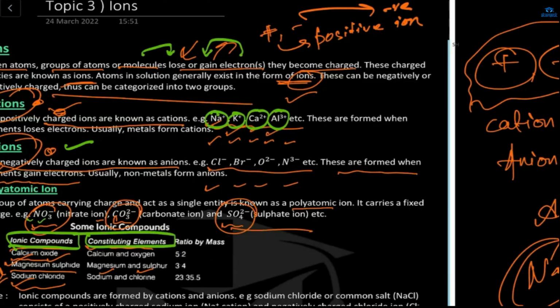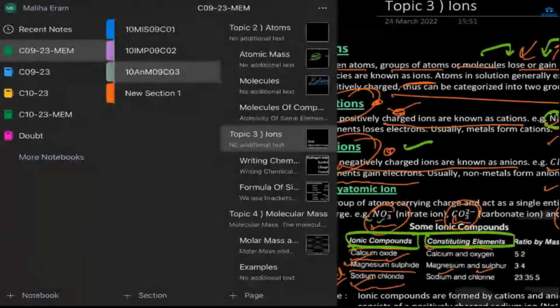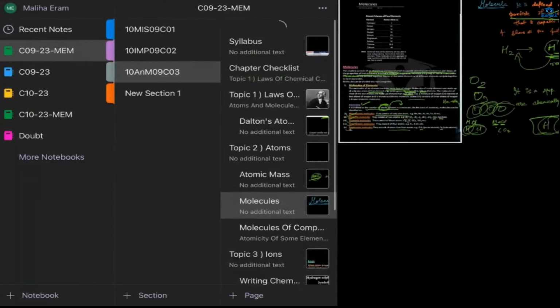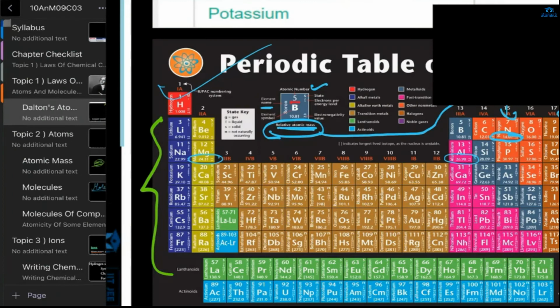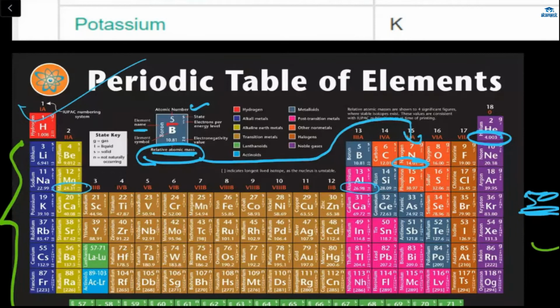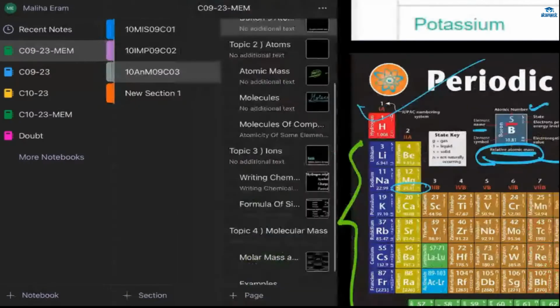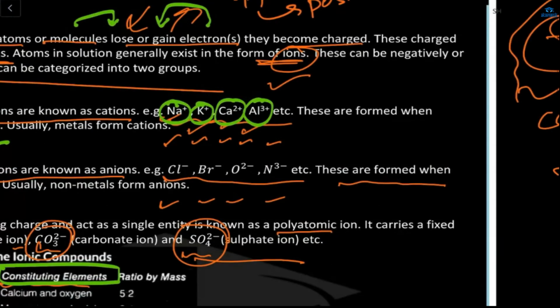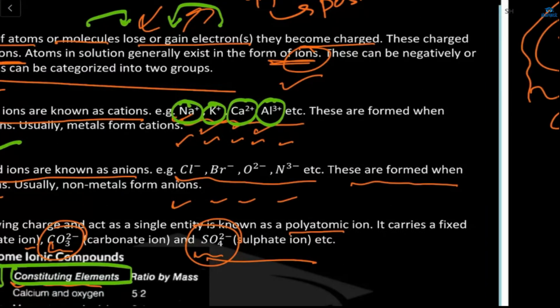Okay, wait. Let me show you the periodic table. See, this is a periodic table. Like here, see, in this cation one, it's written Al3 plus.